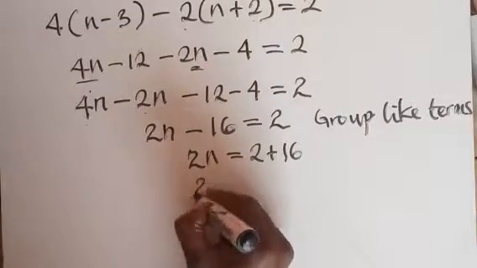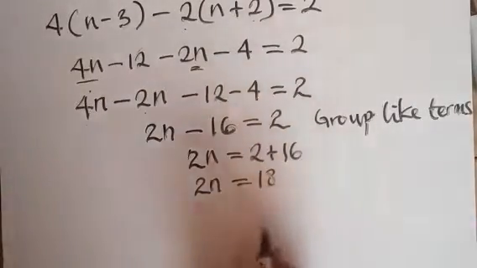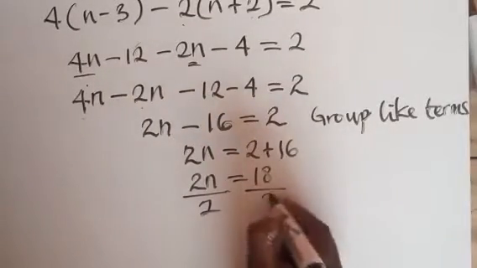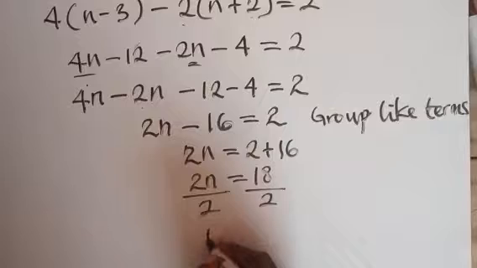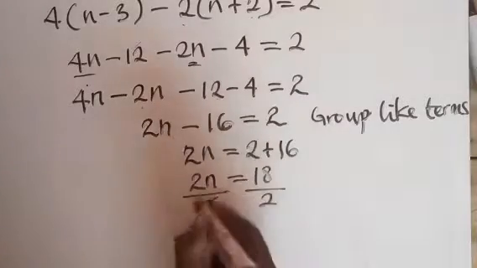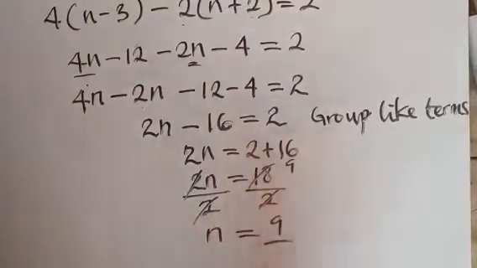So 2n equals to 18. Okay, divide both sides by 2. So n equals to 9. So n equals to 9.